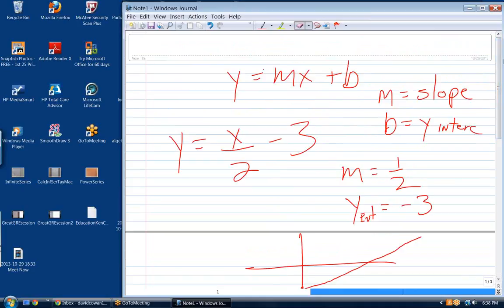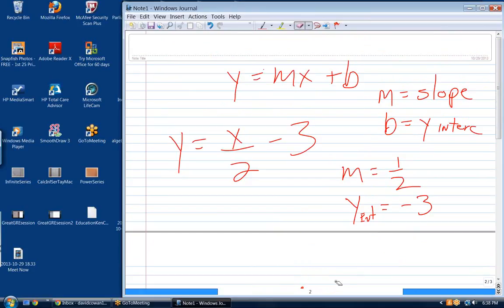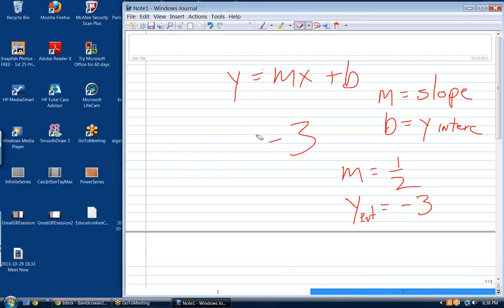So as long as the equation is given to you in slope-intercept format, then we can create all kinds of problems. For example, they give you 2 out of the 3 pieces of information you need to know.